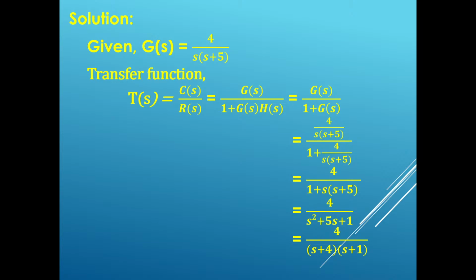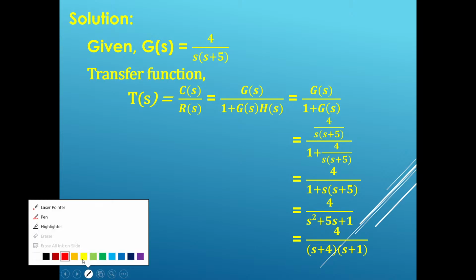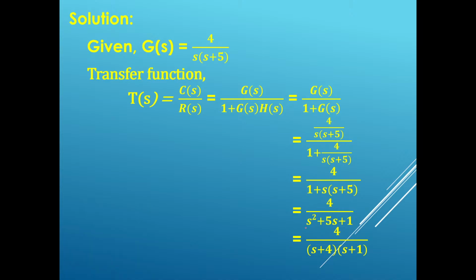I think you have further simplified it. 4 divided by 1 plus S into S plus 5 means S square plus 5S plus 1. So you just determine the factorized form, or the roots, of this S square plus 5S plus 1. You will get S plus 4 into S plus 1. Determine the roots of this denominator term. So what is our transfer function now?